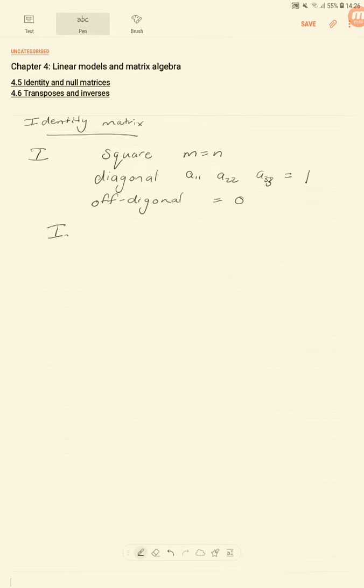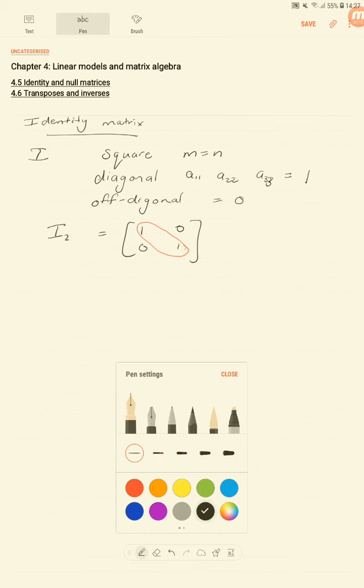So the identity matrix of 2 is 1, 0, 0, 1. As you can see, the diagonal entries are equal to 1.